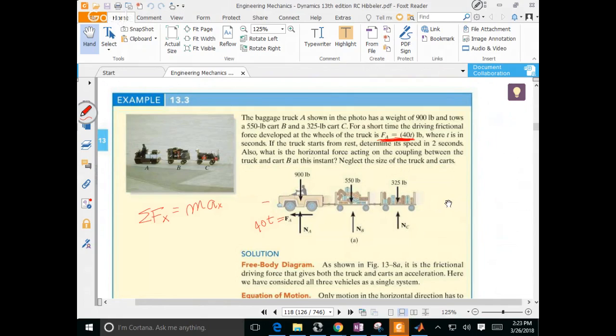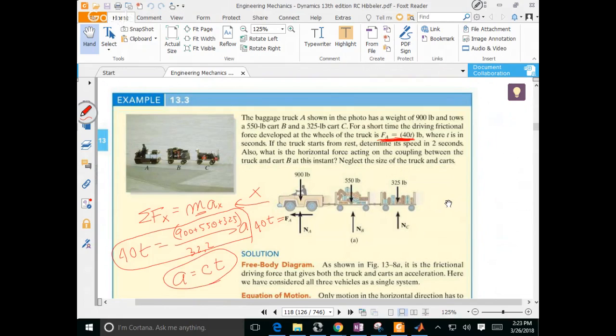Then I just have 40t equal to the mass of all this junk, which is 900 plus 550 plus 325, all that added up, divided by 32.2, times the acceleration. So now I've got this silly equation, acceleration equaling a constant times t, which the constant is that 40 divided by this mess. And so just like that, I had to eat my words.